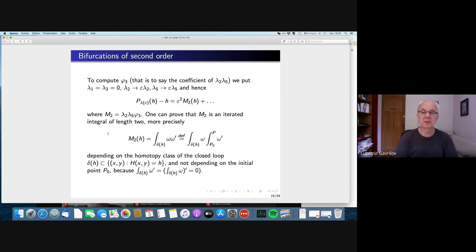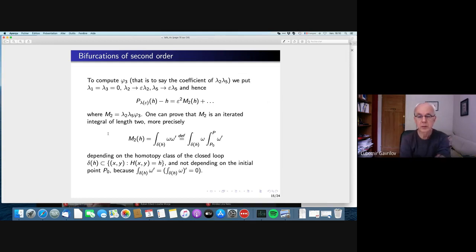Let us turn now and take a look at the second Melnikov function. Curiously enough, this second Melnikov function is an iterated integral. It turns out that it's a general phenomenon. The third one will be an iterated integral of length 3.